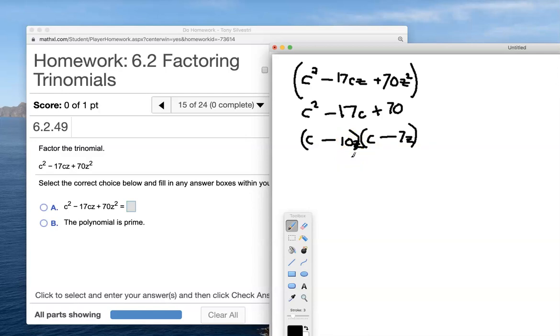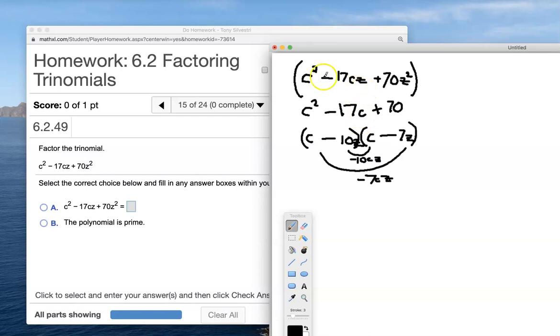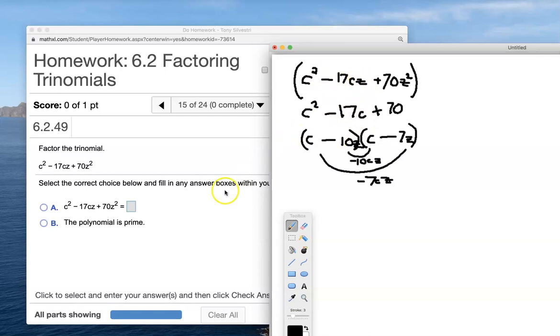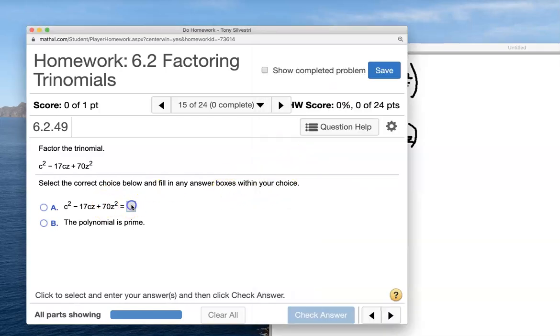And you've got the answer. Because if I do outer and inner, what you'll get is negative 10CZ, minus 7CZ, added together, you get negative 17CZ. There you go.